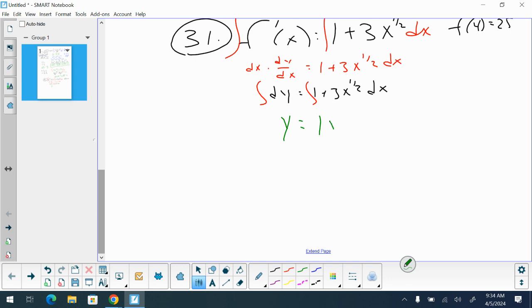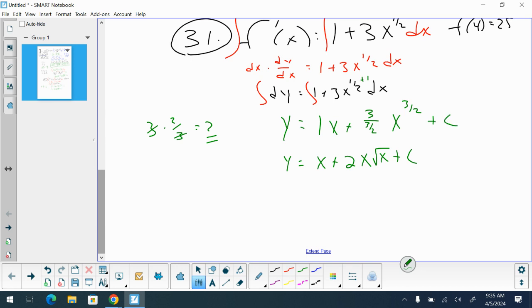So we have 1x here plus, add 1, so we have 3 halves divided by 3 halves, which is, once again, 3 times 2 over 3. We get a value of 2 here. So we have y is equal to x plus 2x square root of x plus c.